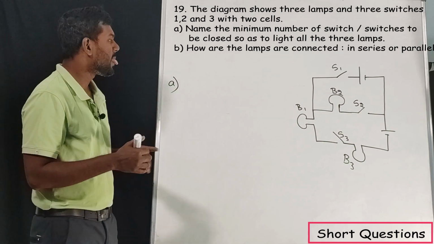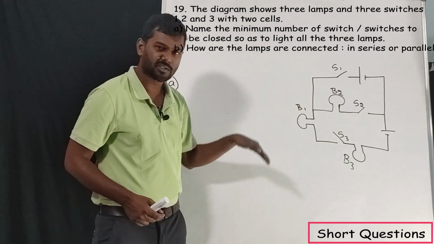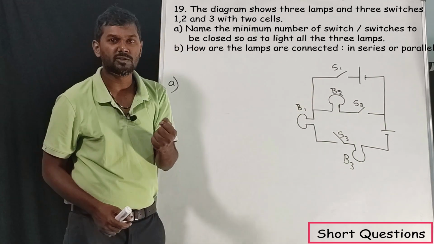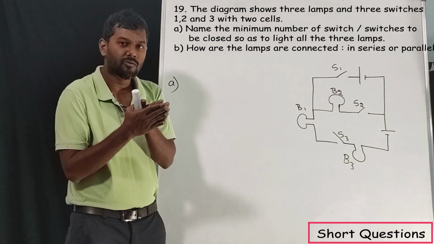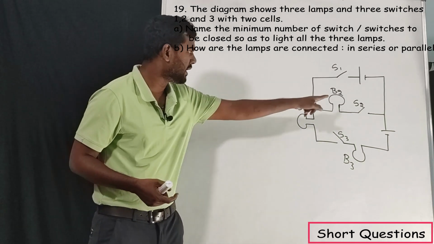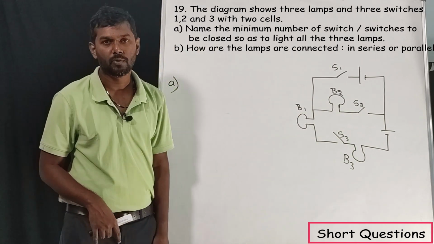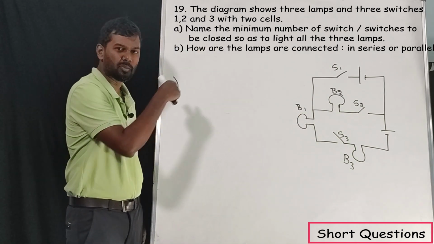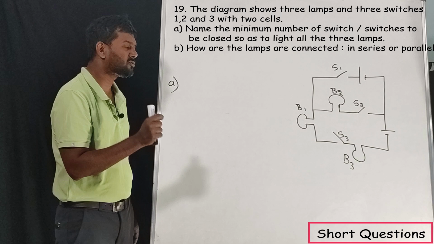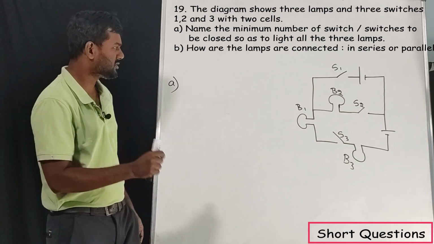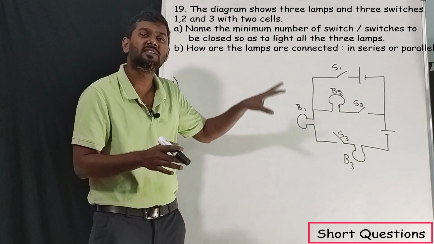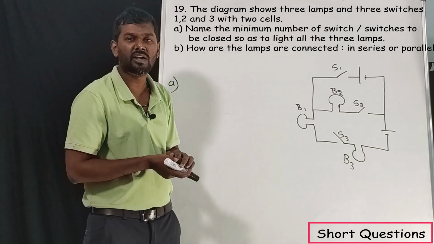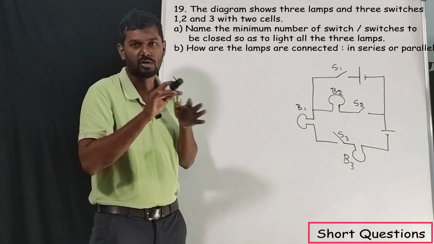Now the question comes: out of 3 switches, how many minimum switches should be closed so that all the 3 bulbs glow? First thing, to answer these kinds of questions, you should analyze the question properly, whether the switch is connected to the bulb or not.